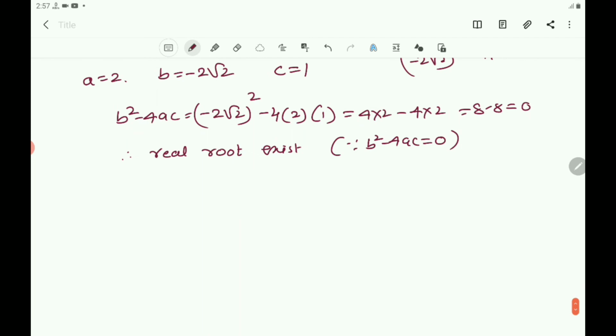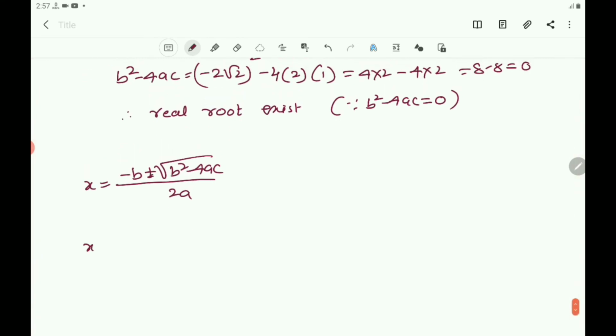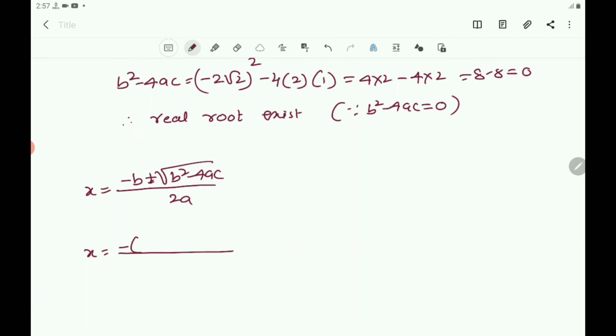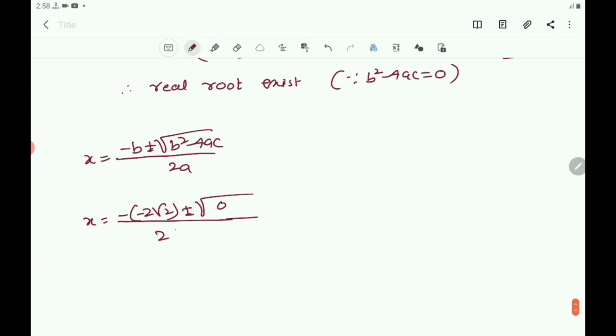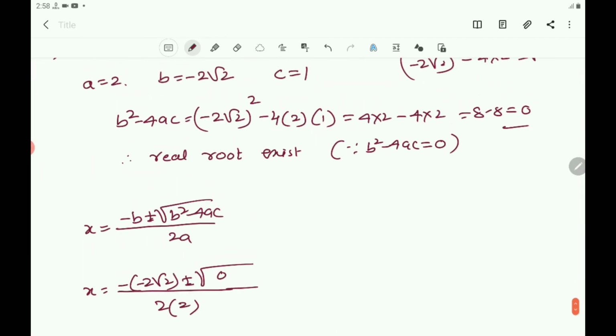Now you write the formula. What is the formula? X equals minus b plus or minus whole root b square minus 4ac by 2a. So x equals minus b, here b value is minus 2 root 2, plus or minus whole root b square minus 4ac, you got 0, you put 0 here, and 2a, 2 into a value is 2.